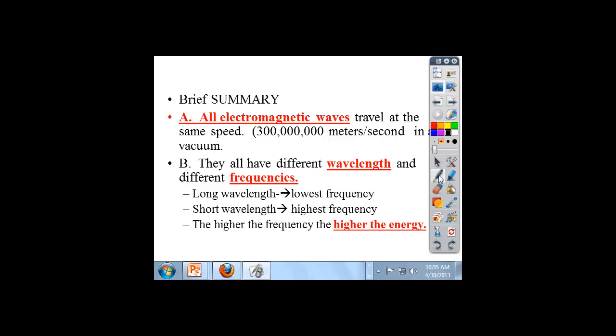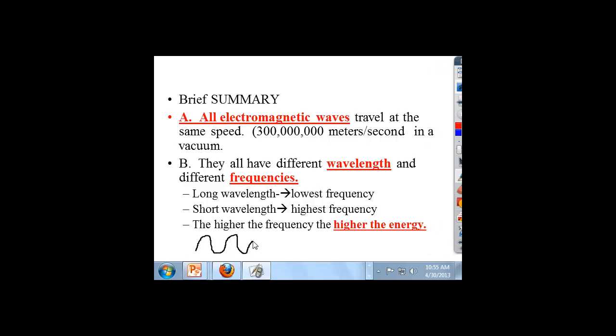Now, in case you don't remember what I'm talking about, if you've got a wave that actually looks like this, whoops, there we go. Those are kind of ugly waves, but anyway, right here is called equilibrium. If you will notice, here is a wavelength, and here is a wavelength.